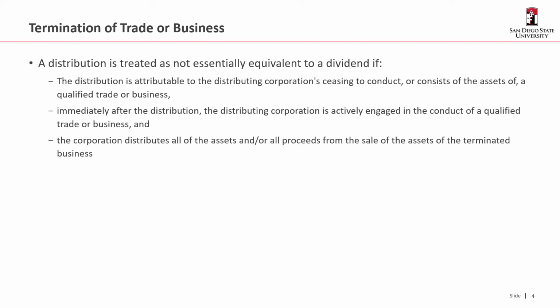Immediately after the distribution, that distributing corporation needs to continue to be actively engaged in the conduct of a qualified trade or business. So they can't have almost shut everything down, right? They need to continue to operate some form of business. And the corporation distributes all of the assets and/or all of the proceeds from the sale of the assets of the terminated business, right? So if we can meet those three, it sounds pretty good.